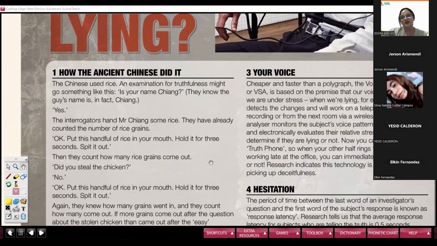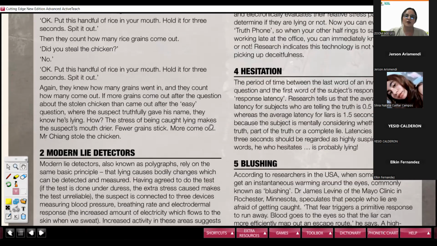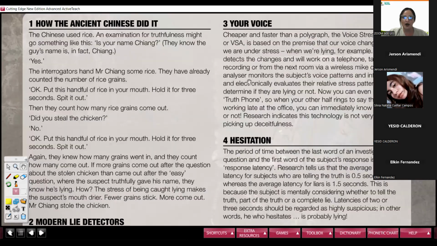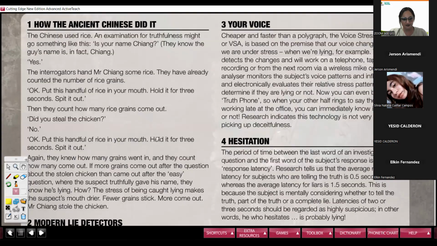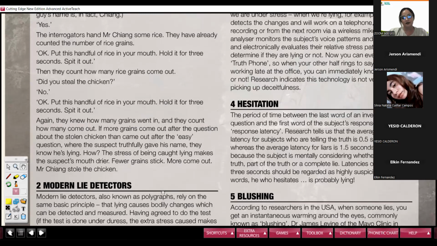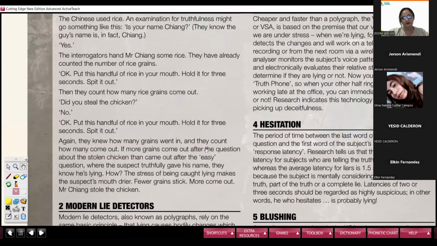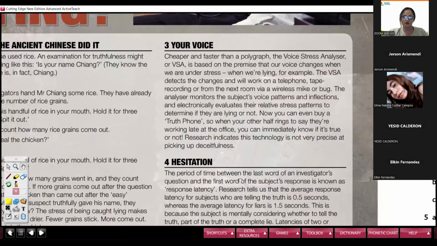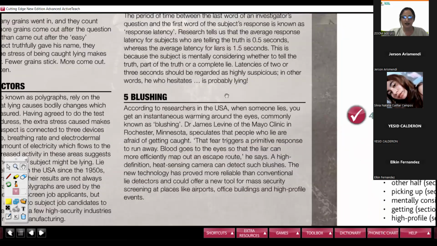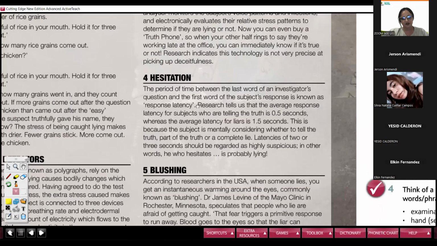So here we have a text with very interesting ways of knowing how someone is lying, all in different contexts. I'm going to give you some vocabulary for reading this. And then we are going to read 1, 2, and 3 together. Then you will read 4 and 5 with a partner. And then we will have some discussion, okay?